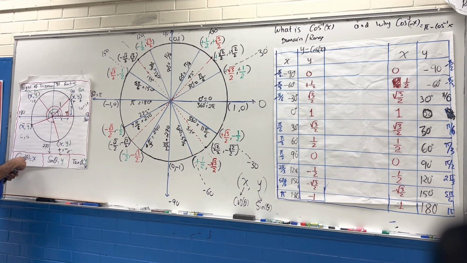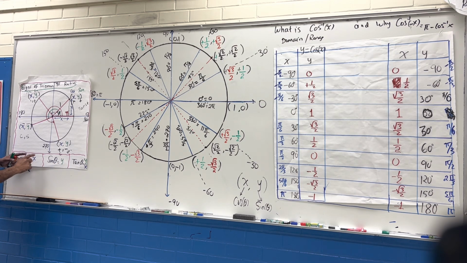For any angle theta, x is always cosine theta and y is sine theta. Sine is opposite over hypotenuse, so the opposite is y. Cosine is adjacent over hypotenuse, so that's x. That's why x is cosine theta, y is sine theta, and tan is y over x.